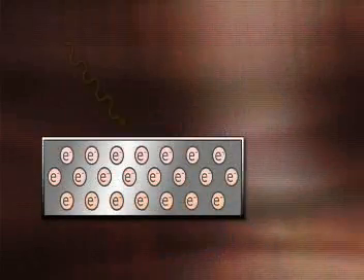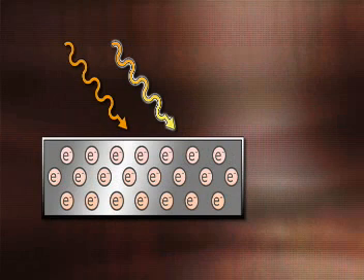Thus, the more energetic a photon is, or the higher its frequency is, the higher the velocity of the emitted electron will be. Let us pretend that we have two beams of light.